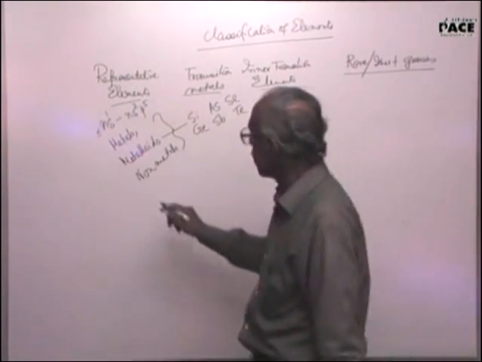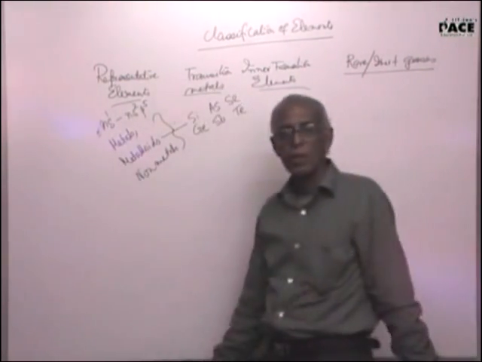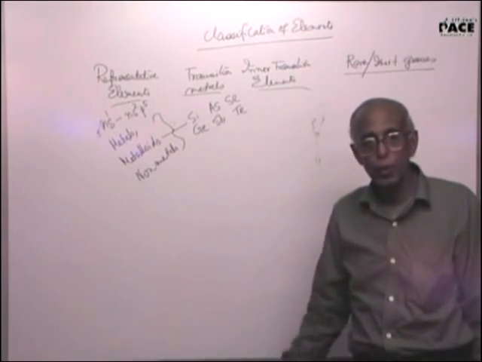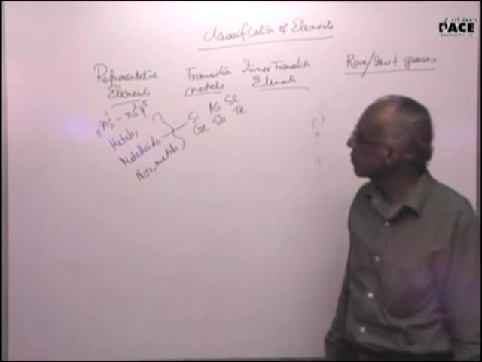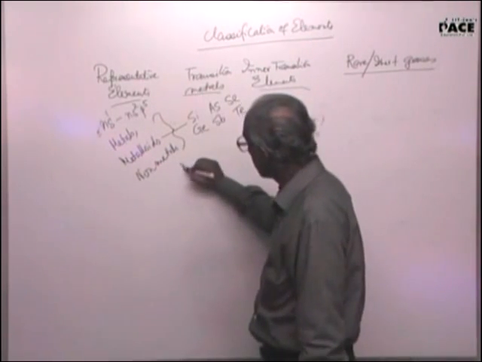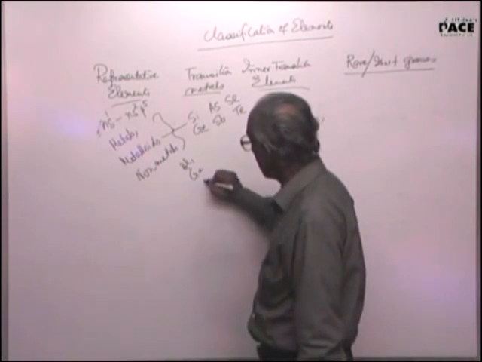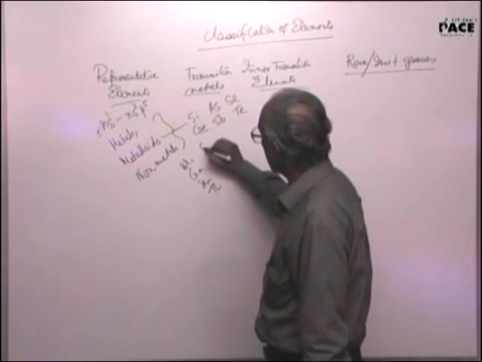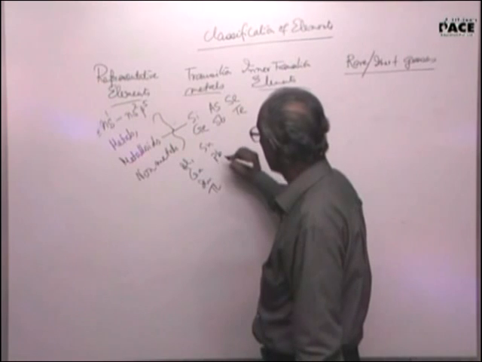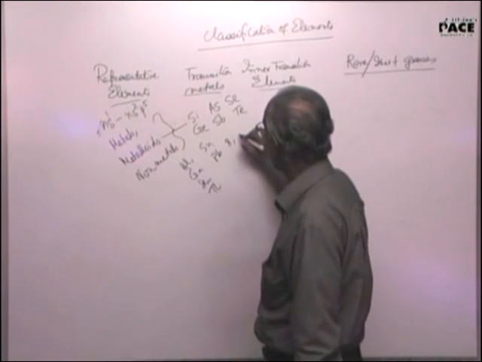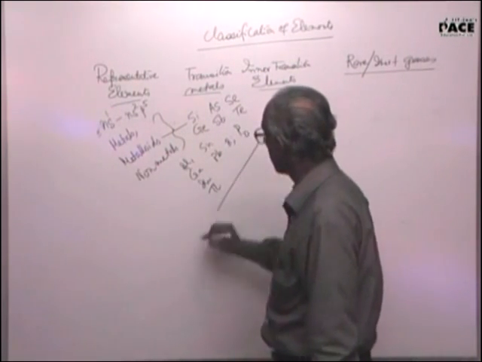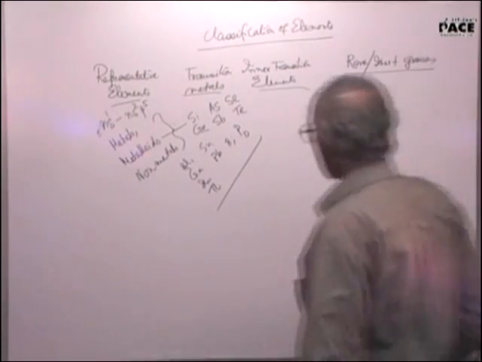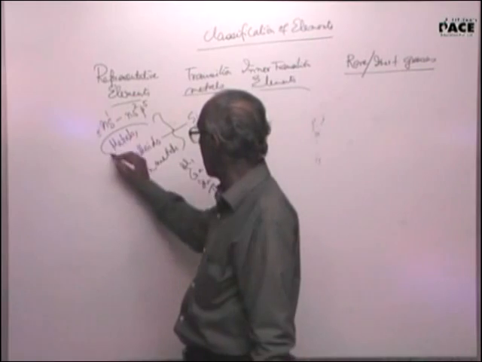The metals include group 1, alkali metals, group 2, alkaline earth metals, aluminium, gallium, indium, thallium, tin, lead, bismuth, and polonium. They are the representative elements. First, let us discuss the metals.